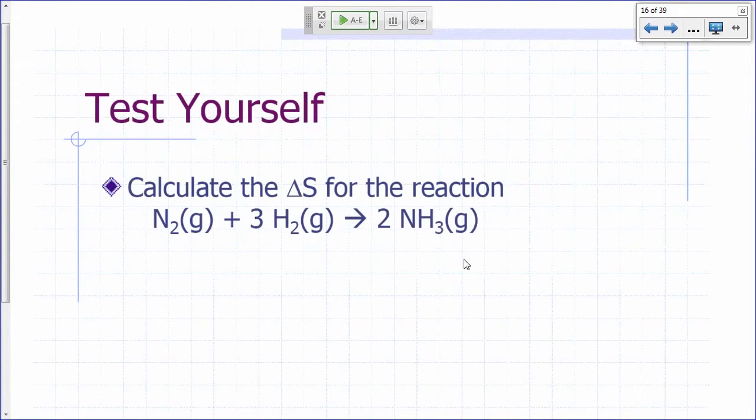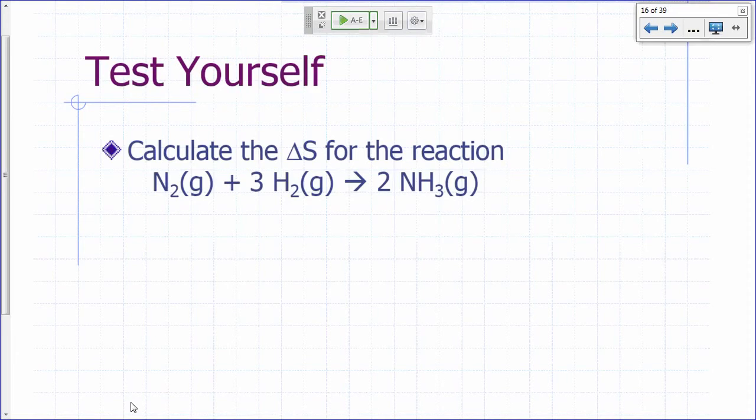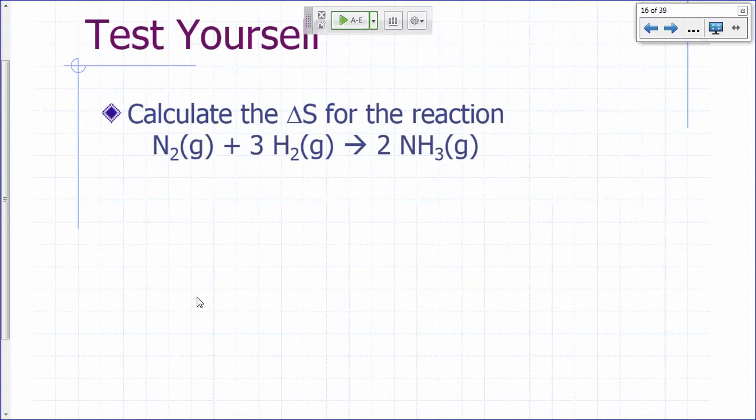So let's calculate the delta S for this reaction. You need to look up a table of standard entropies, and unless otherwise specified, we're interested in reactions happening at 298 Kelvin.